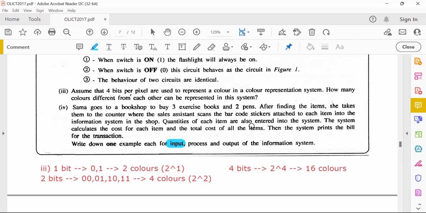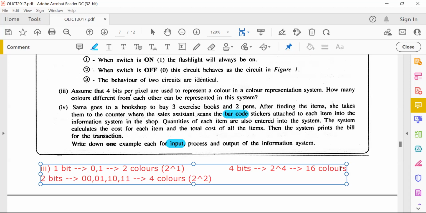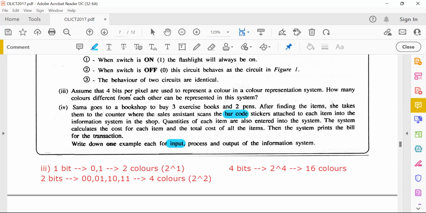Yes, we can simply say the barcode. Yes, one. Majority of you said barcode, right? So 3 exercise books and 2 pens. Or you can also say quantities. They are the inputs.